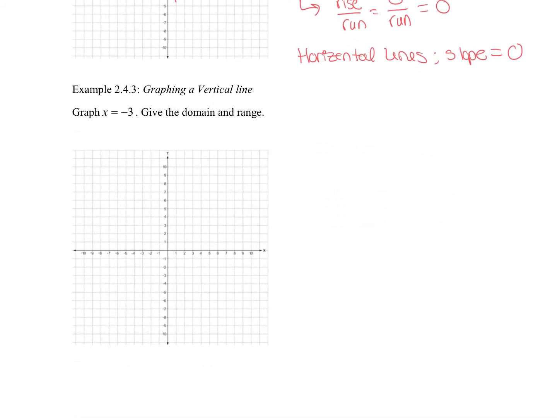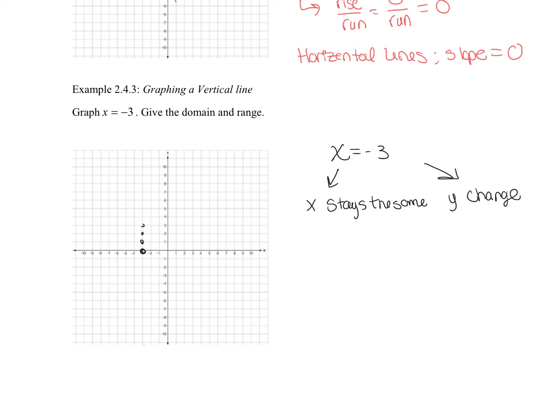On the next problem, it's slightly different. This one says that x is negative 3. So that tells me that x stays the same, but my y changes. So x is negative 3 right here. X is negative 3, negative 3, negative 3.